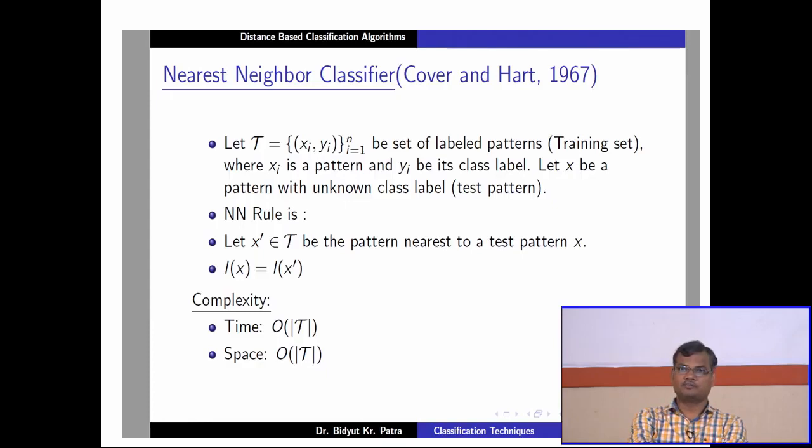Let us say the distance between two colors, red and blue. You can say both are the same or both are different, 0 or 1, we cannot say more than that. It is very difficult to compute the distance in those cases. Therefore, this algorithm is applicable only where you can compute some distance or similarity measure.